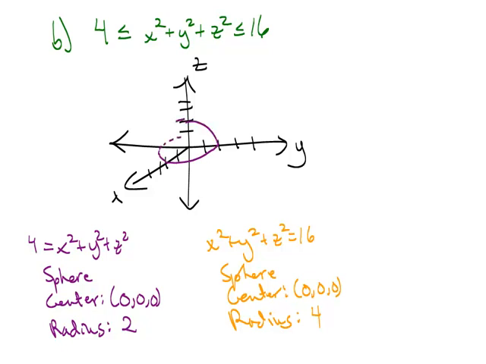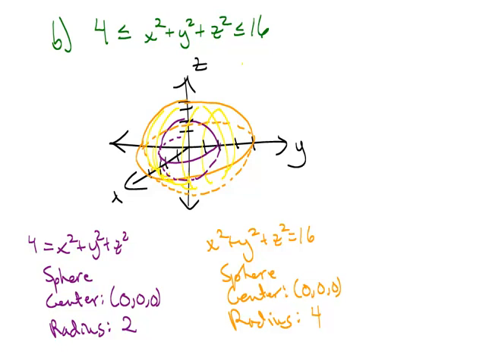It comes like this. Okay, so we're going to be on that, but inside of this bigger sphere of radius 4 here. And so it's again hard to see, but it's going to be kind of everything in between those two spheres.